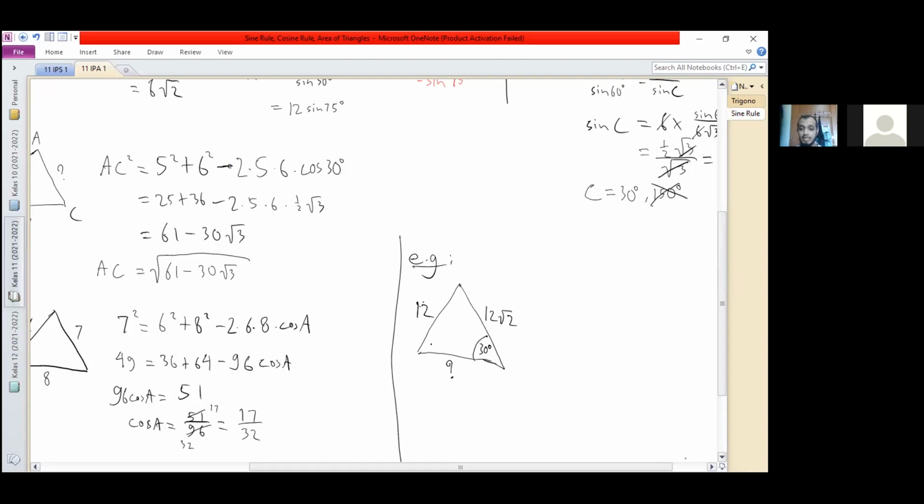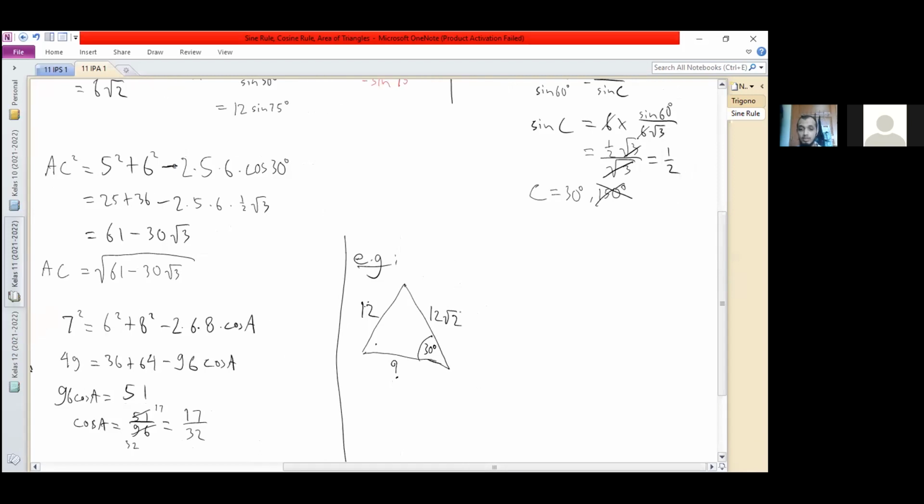Or in this case we are trying to find it using the cosine rule, to find this side, side A. Instead of using this one, it's better to use this side, 12.